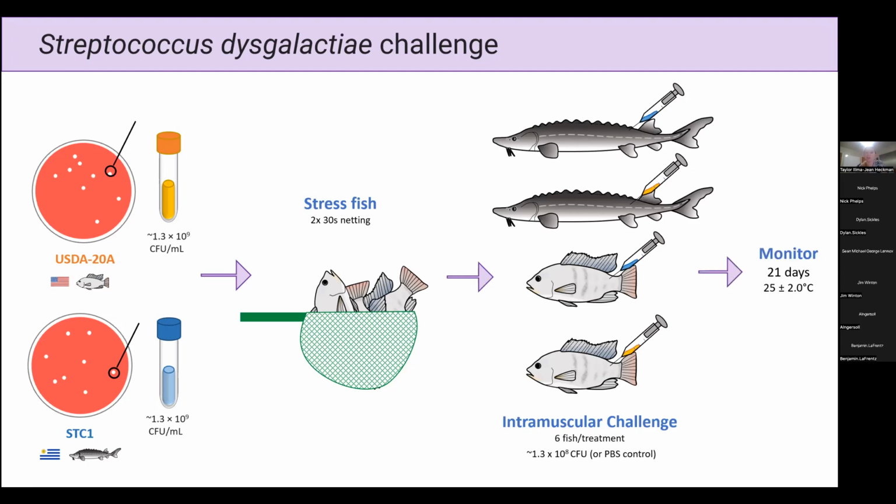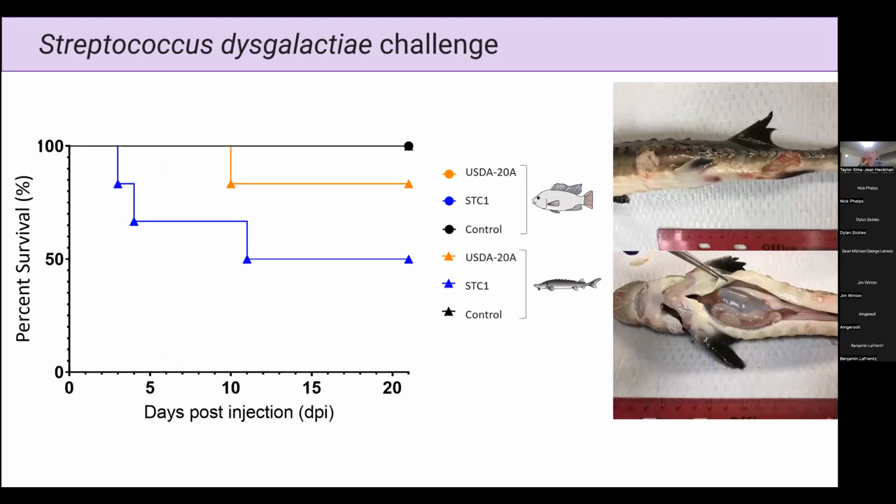And monitored them for 21 days at 25 degrees Celsius. So we didn't have high levels of mortality, but we did see an interesting pattern in that our STC1 sturgeon isolate caused the highest level of mortality in sturgeon.